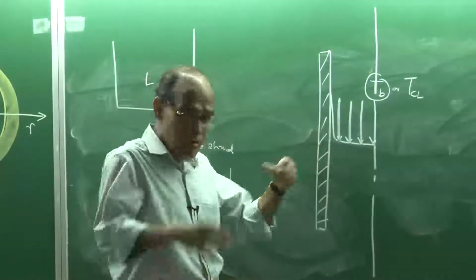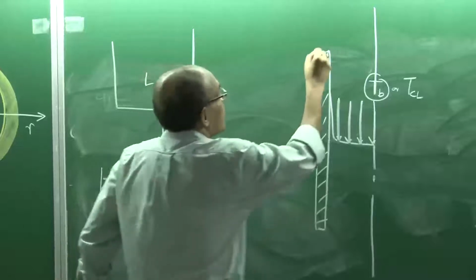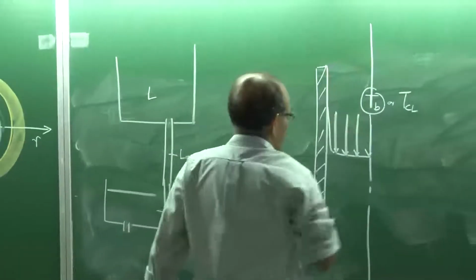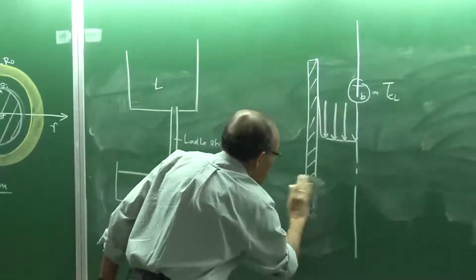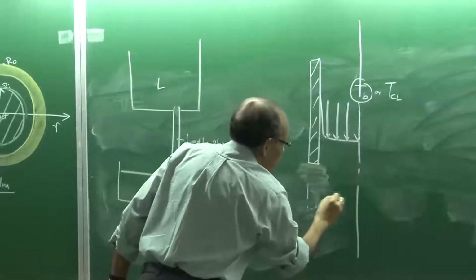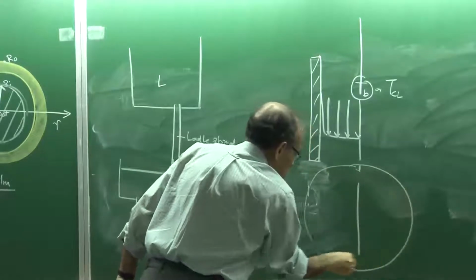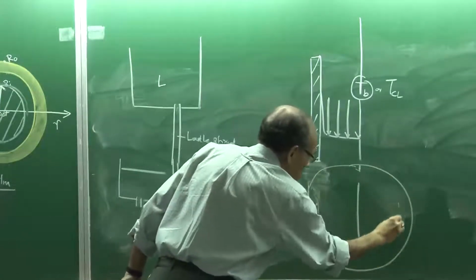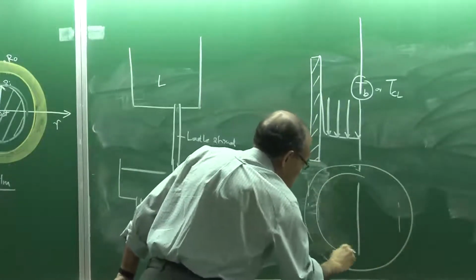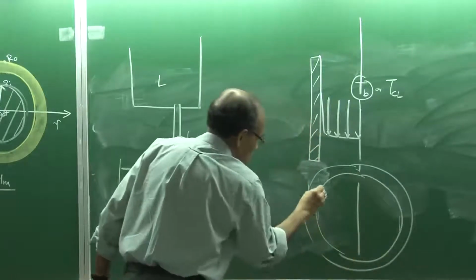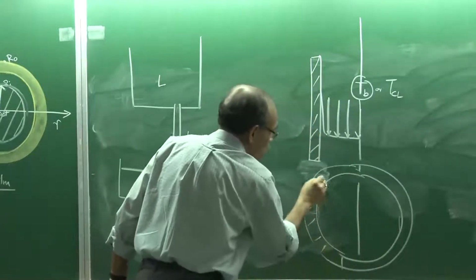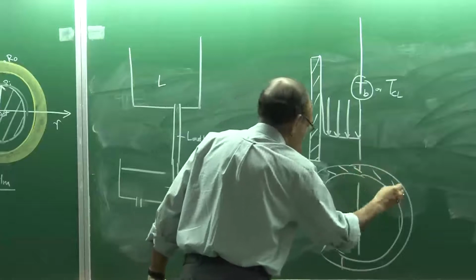So the cross section here is like this, and this is the shroud wall thickness.